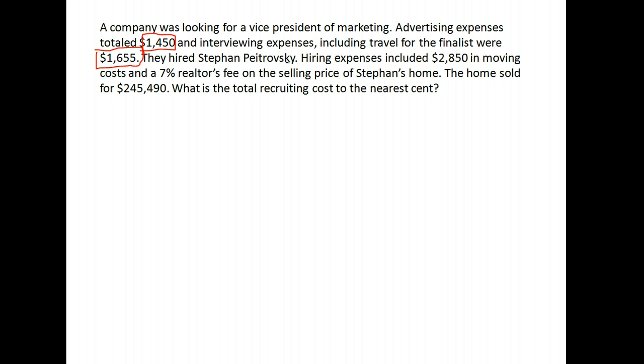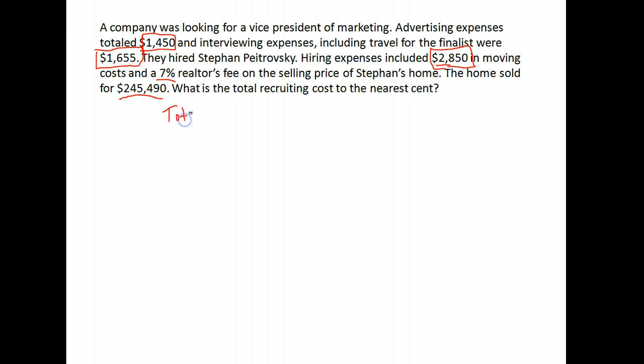They ended up hiring Stefan, and hiring expenses for him were $2,850 in moving costs to get him there, and 7% realtor's fee. Now his home sold for $245,490. What's the total recruiting cost to the nearest cent?